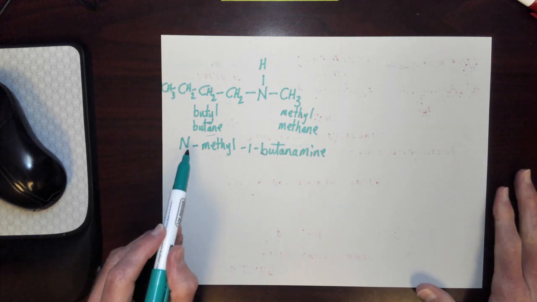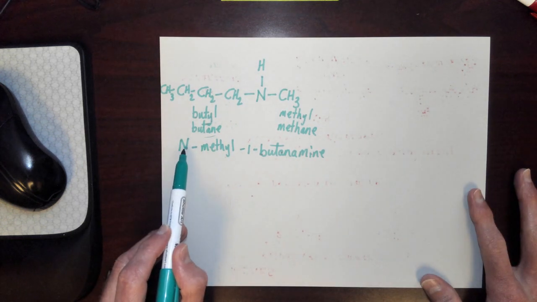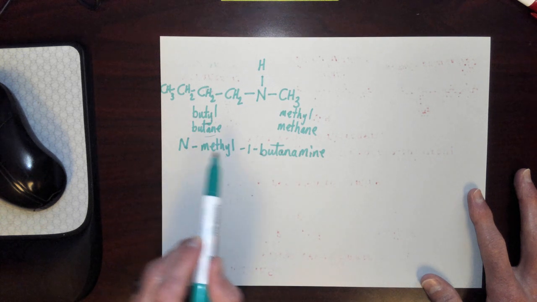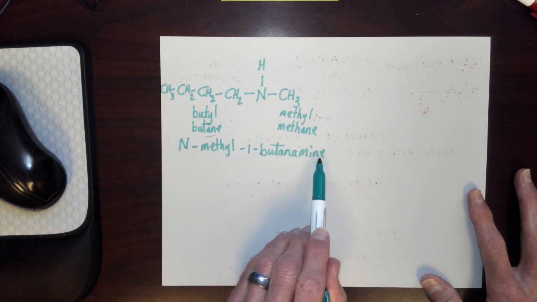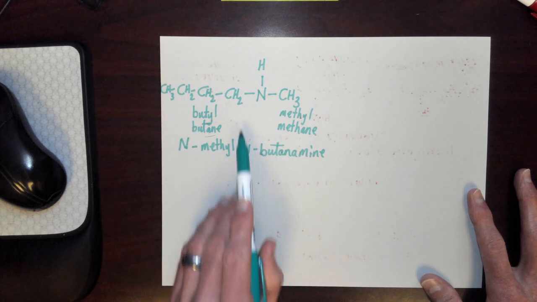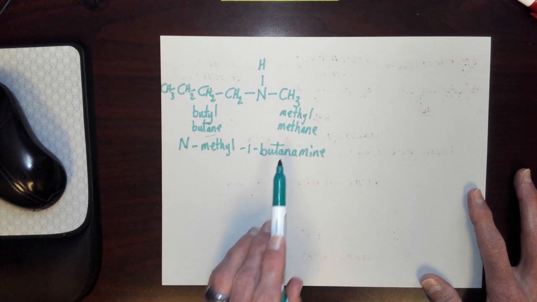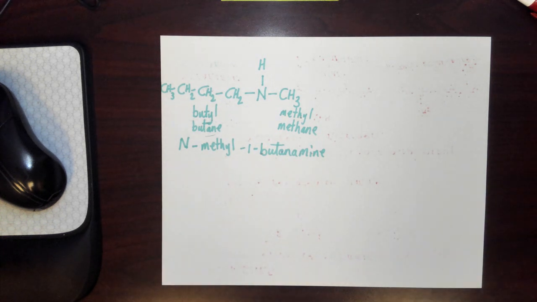Okay, so we have N-methyl. So methyl is attached to the nitrogen, and we have a butanamine. We have a 4-carbon amine where the nitrogen is attached to the 1st carbon in that butane chain.